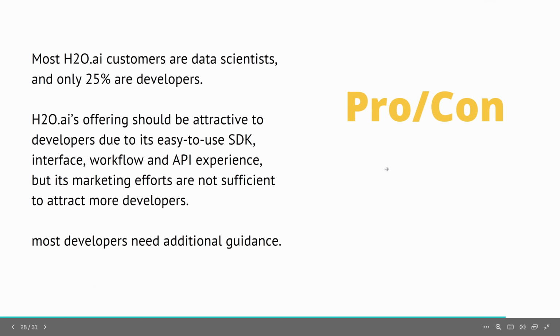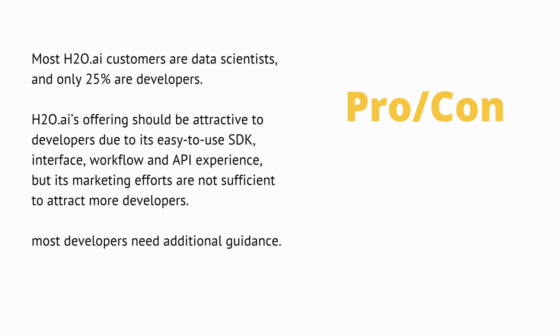Very nice. If you read the evaluation by Gartner, you know, what is the pro and the con? There's only one negative point: they say most of the H2O customers are data scientists. So there's a lot of scientific development, and only 25% of their customers are developers who are not so experienced in AI.